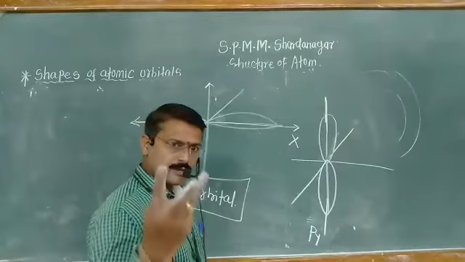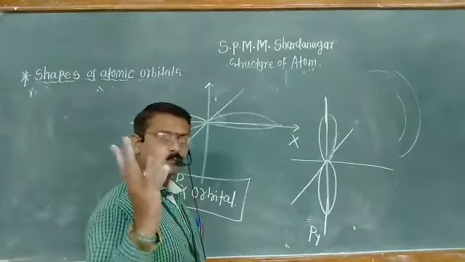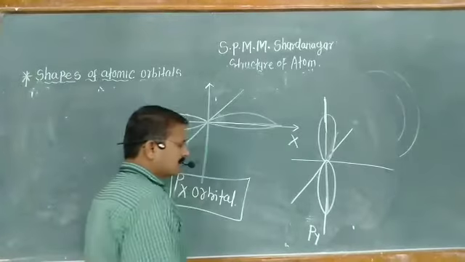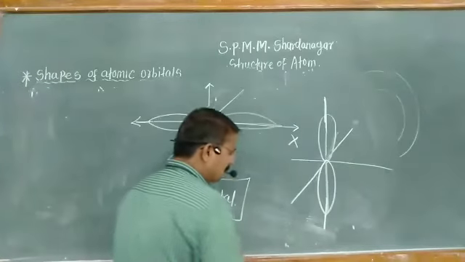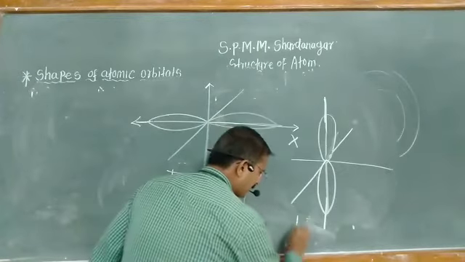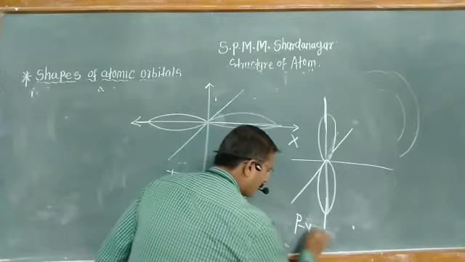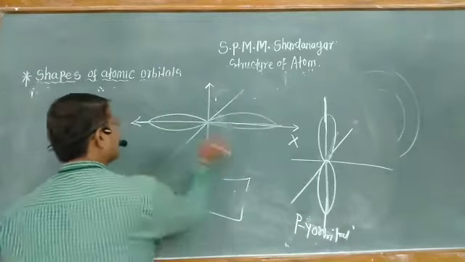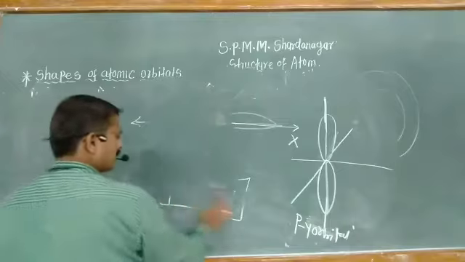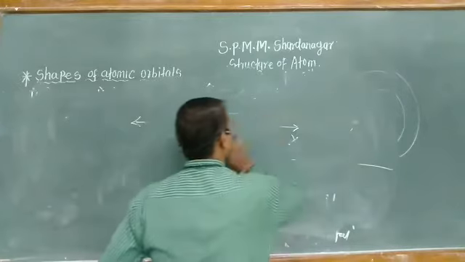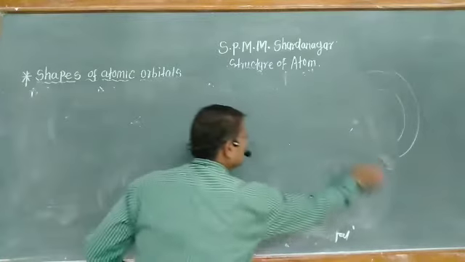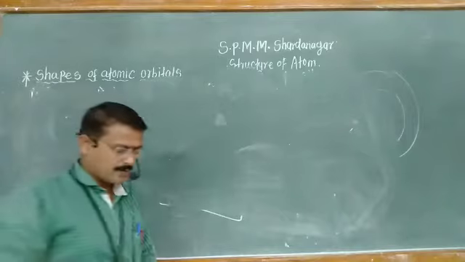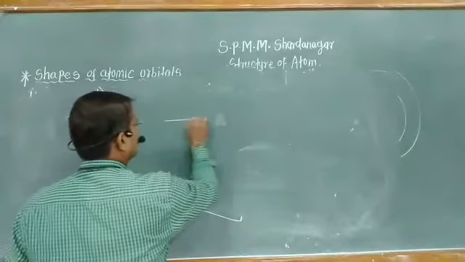So there are three designations: px, py, pz. Here we discussed the py orbital, and the last one is the pz orbital.